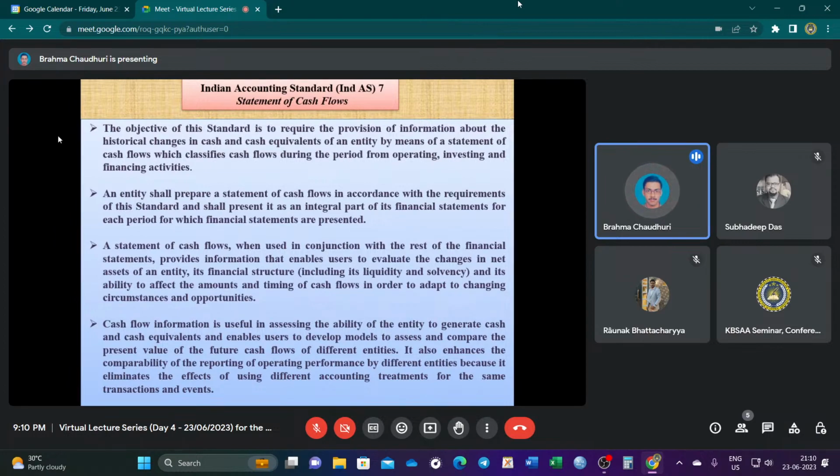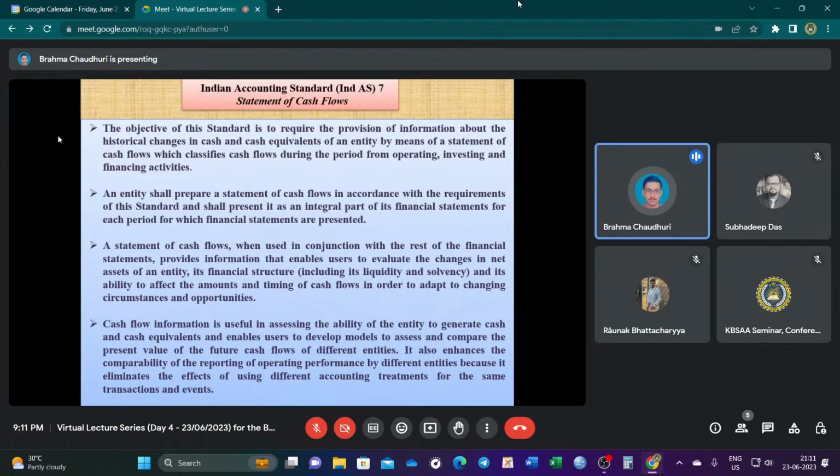This cash flow information is again useful in assessing the ability of an enterprise to generate cash and cash equivalents, and enables users to develop models to assess and compare the present value of the future cash flows of different entities. It also enhances the comparability of the reporting of operating performance by different entities because it eliminates the effects of using different accounting treatments for the same transactions and events.